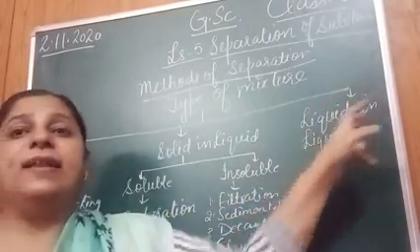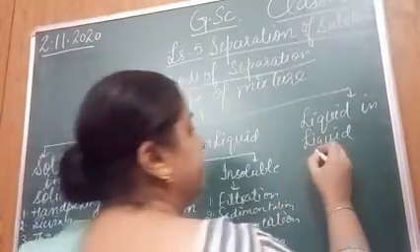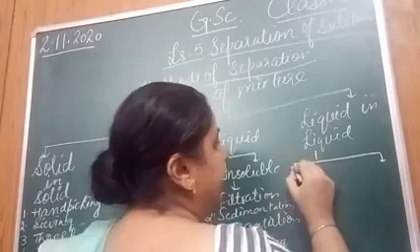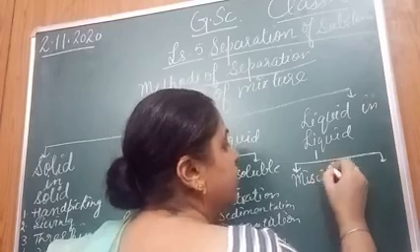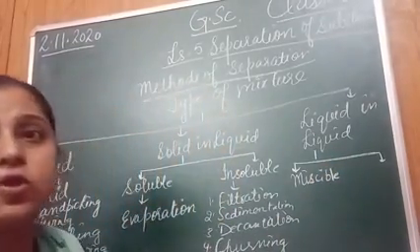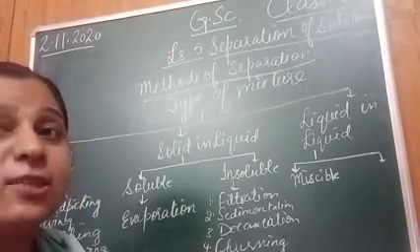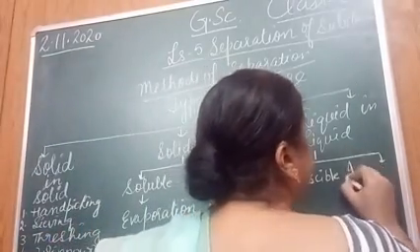Next is liquid in liquid. Now again, 2 cases arise. If both the components are liquid, then they may be soluble or insoluble. If it is soluble, then we say it is miscible. In case of liquids, we do not use the word soluble. We use miscible. And if it is insoluble, it does not get dissolved, then we use the word immiscible.